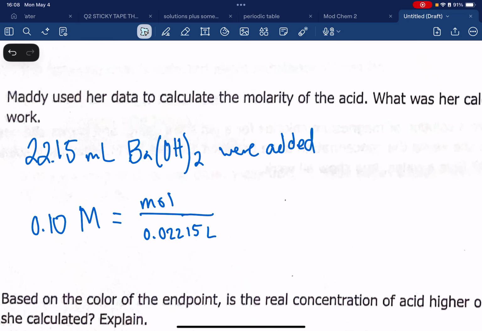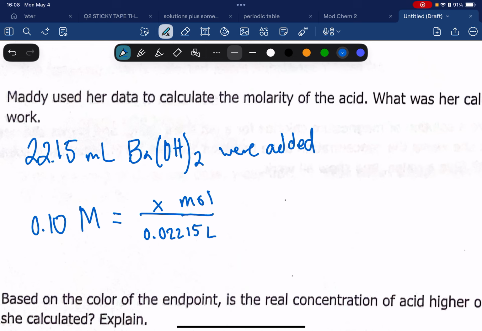That's right, I can just multiply. So I'll do 0.02215 times 0.1, which gives me my X number of moles, where X is 0.002215 moles of base.